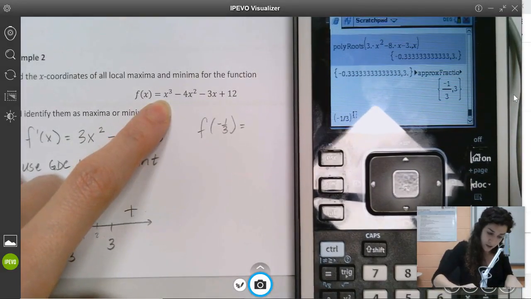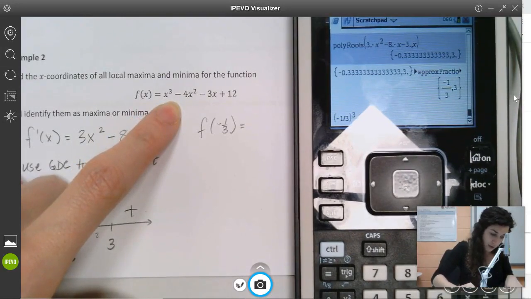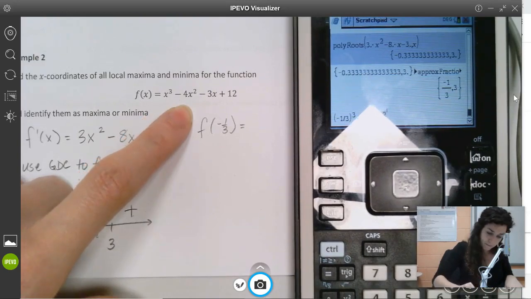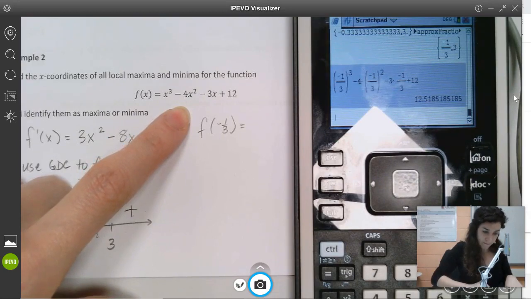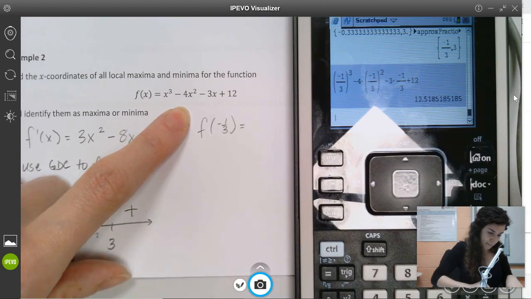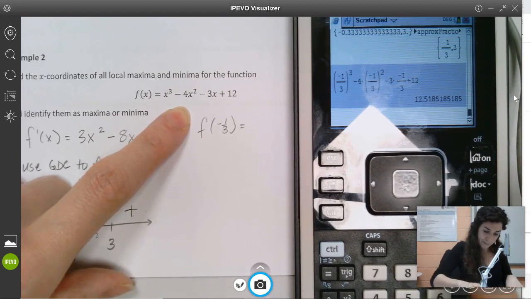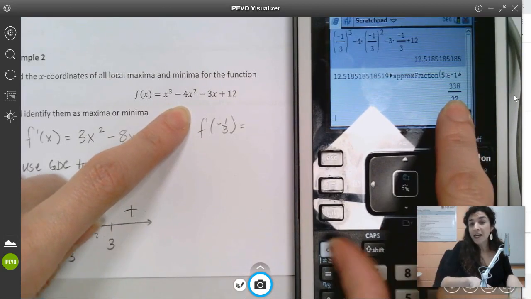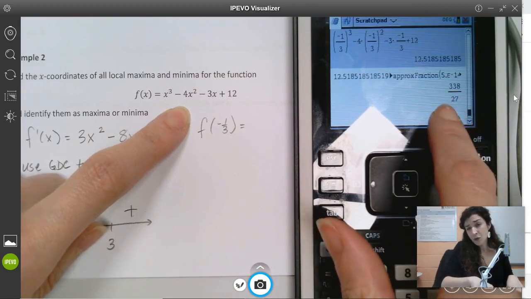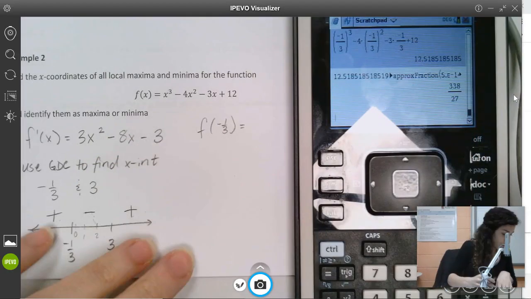Negative 1 divided by 3 cubed minus 4 times negative 1 divided by 3. Crazy number, crazy fraction. I'm going to do 3 sig figs, 12.5.